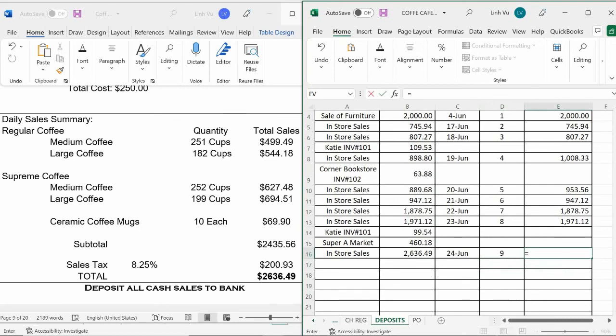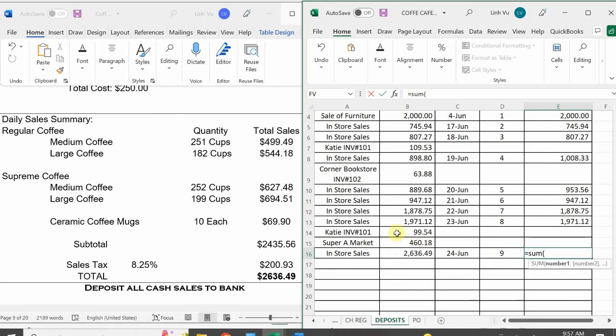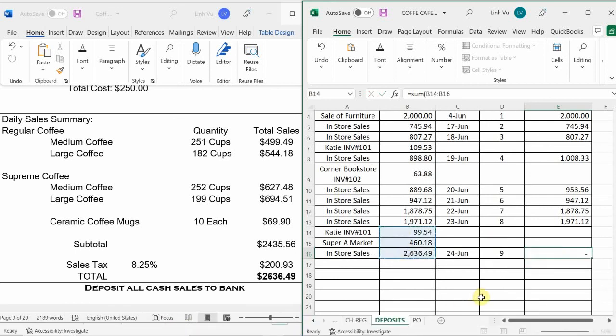And this is going to be a grand total of $3,196.21. Okay. I just deposited $3,196.21. Okay.